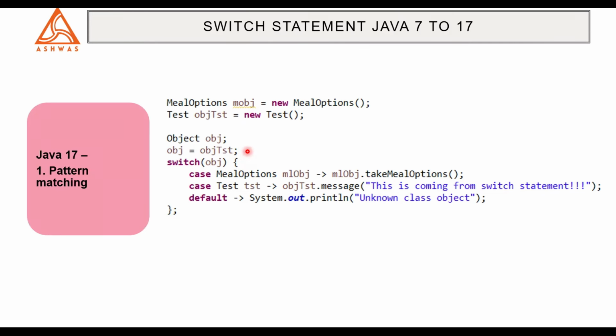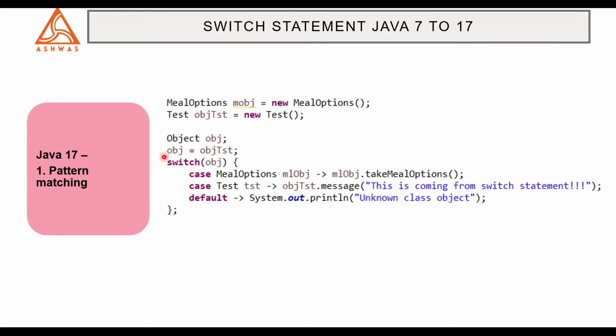Let us just say that by doing this, I make obj become an object of the test class. Okay, so obj is pointing to obj_tst, which in turn is an object of the test class.